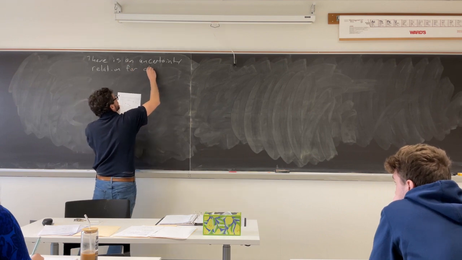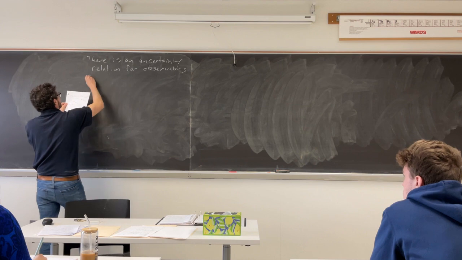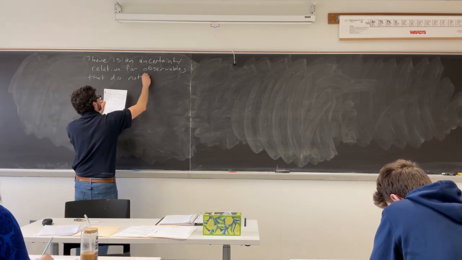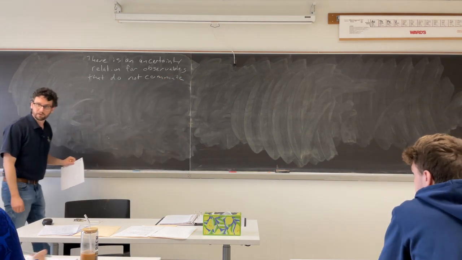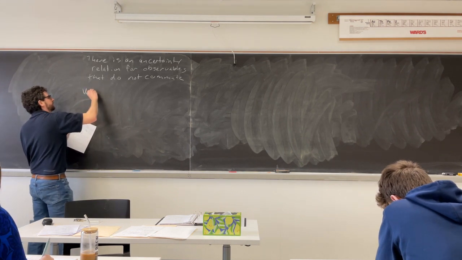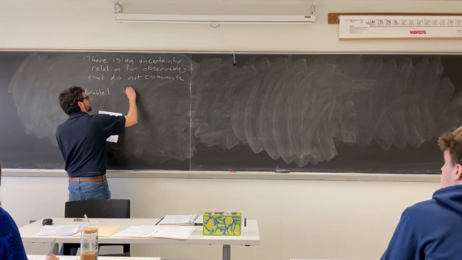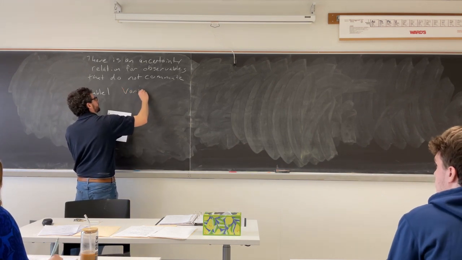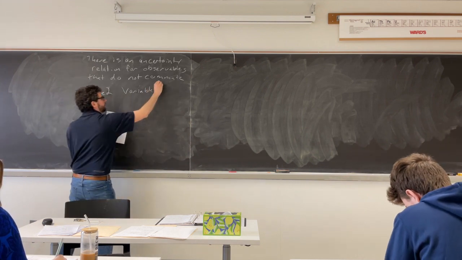For observables that do not commute. And this is sometimes called incompatible observables. We're going to make a little table. Oops, I'm sorry. We want to make this variable too, that one.